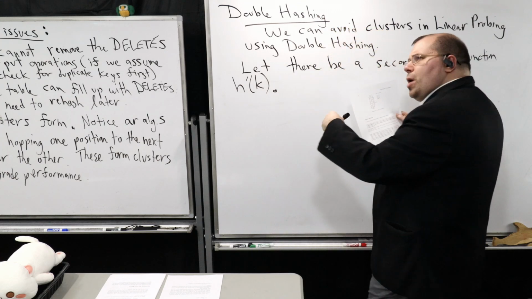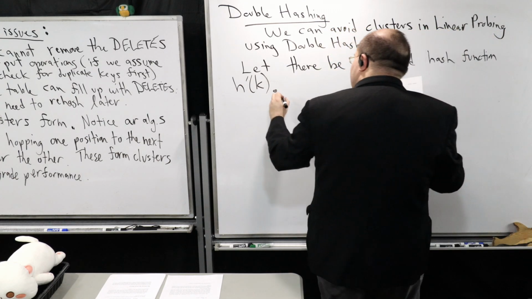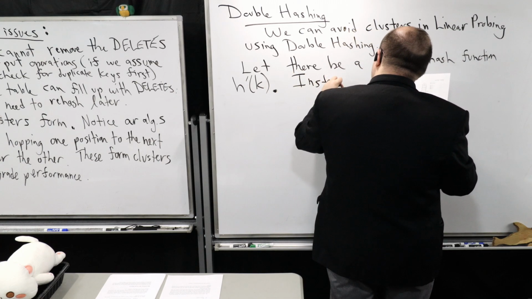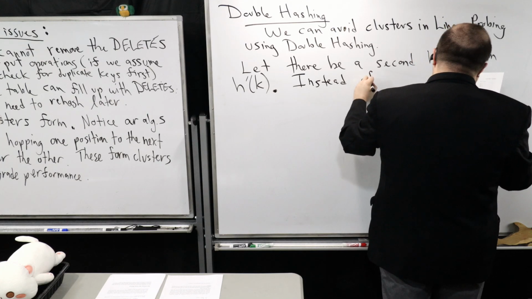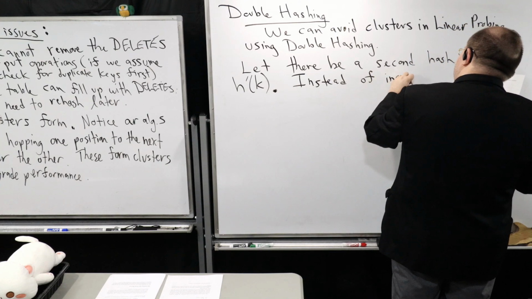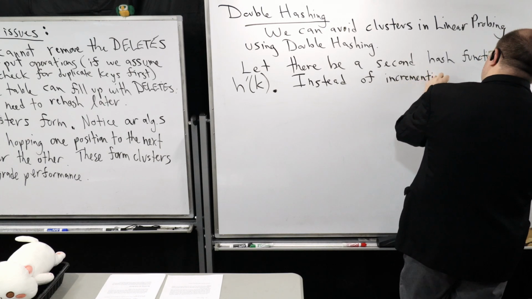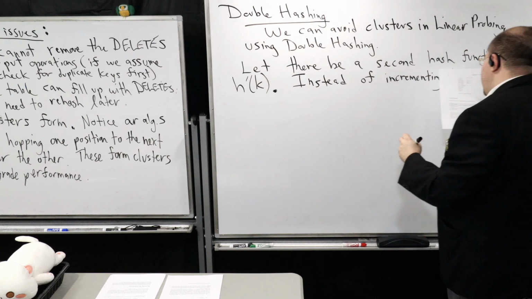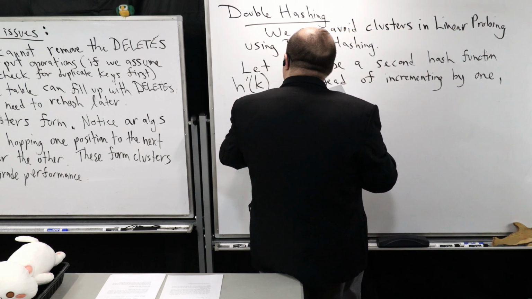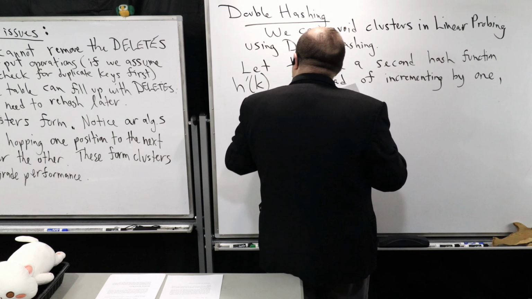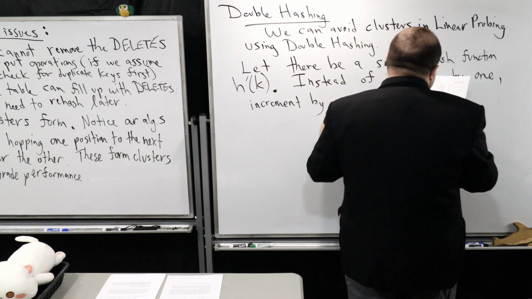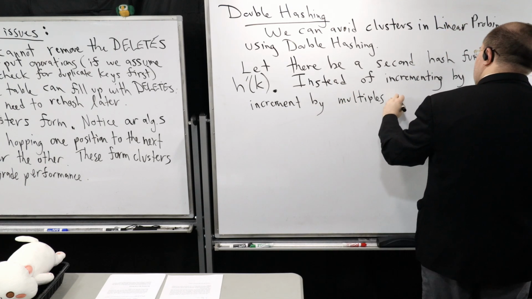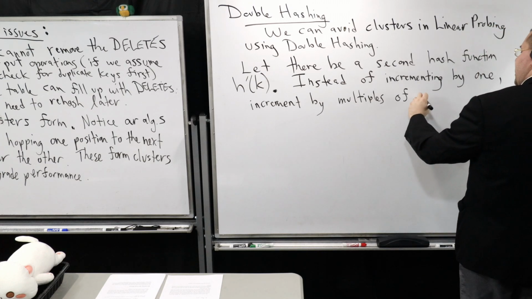Instead of making one hop at a time, we're going to use the secondary hash function to gauge our hops. So instead of incrementing by 1, increment by multiples of another hash function.